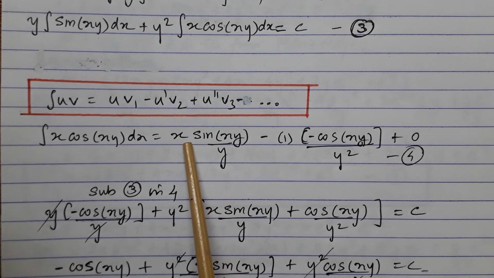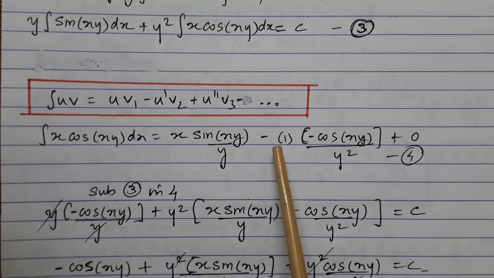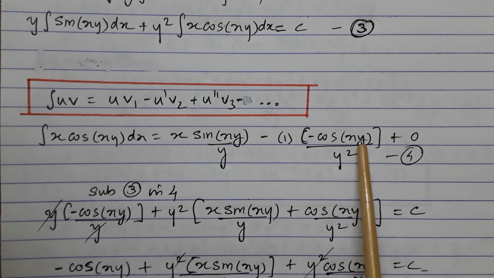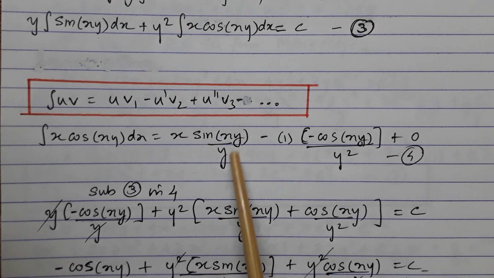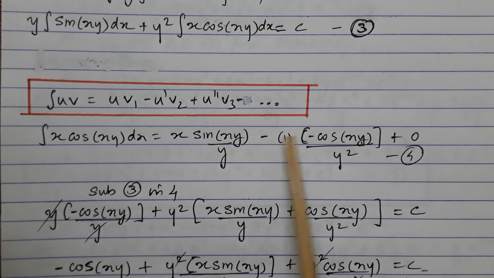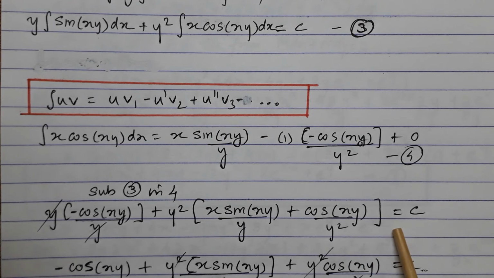This is x sin xy upon y minus of minus cos xy upon y square, that would give you plus. So this would be y square into x sin xy upon y plus cos xy upon y square, and that is equal to c.